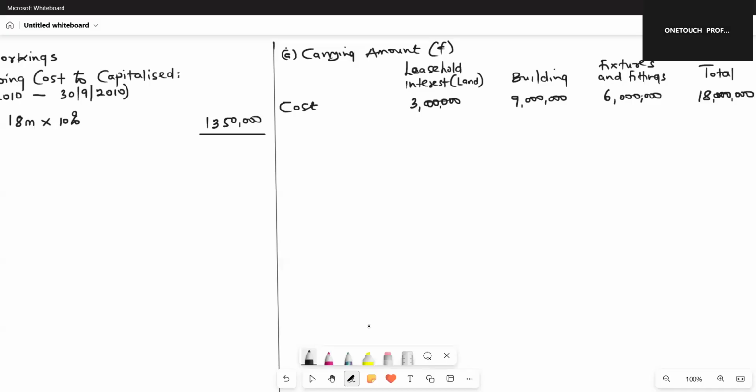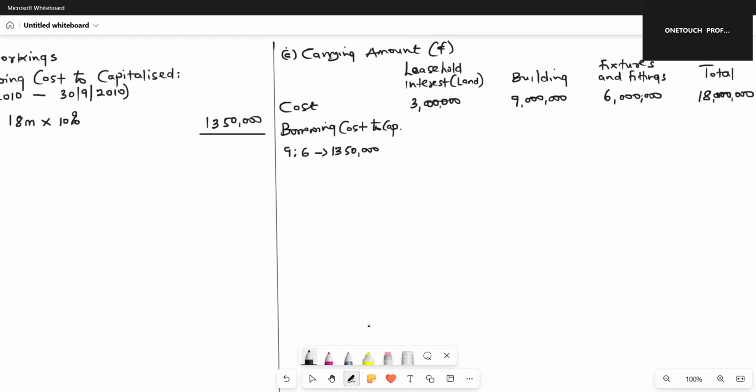Now, borrowing cost to capitalize. Do you know that we are going to share it in a ratio of 9:6? We are going to share the 1,350,000 in the ratio of 9:6.